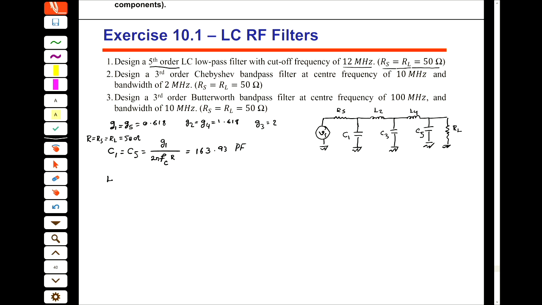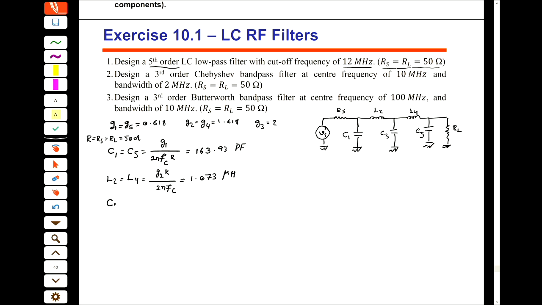And then L2 equals L4 equals G2 R divided by 2 pi FC, and this is equal to 1.073 microhenry.